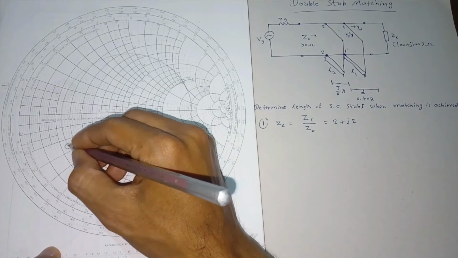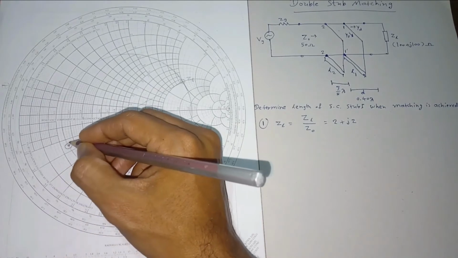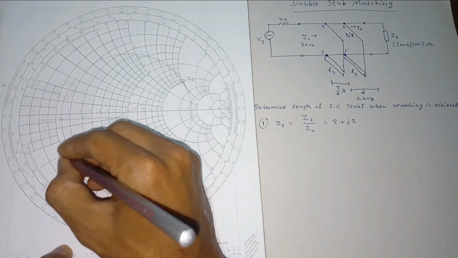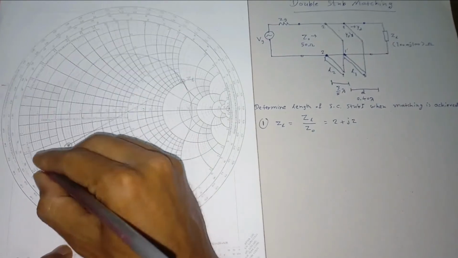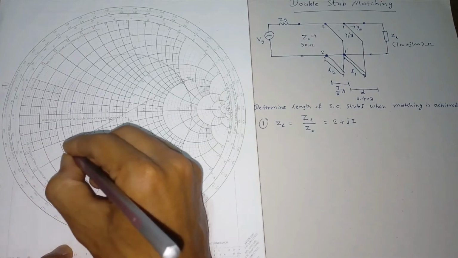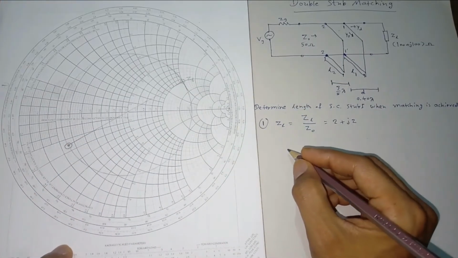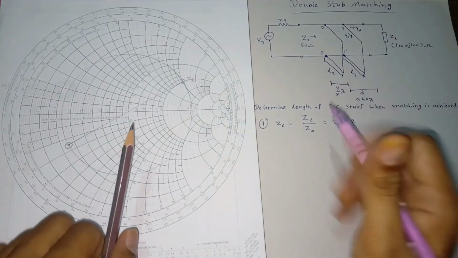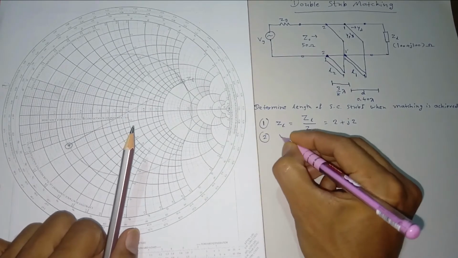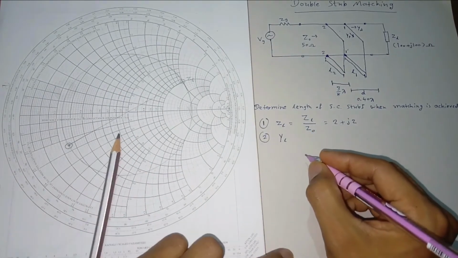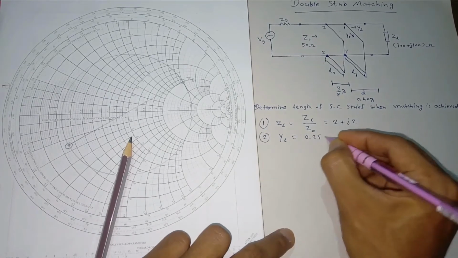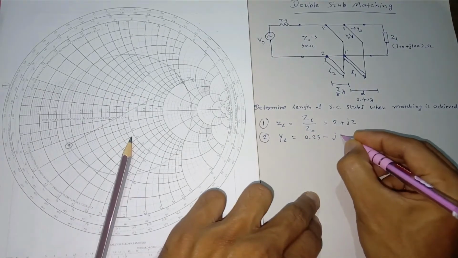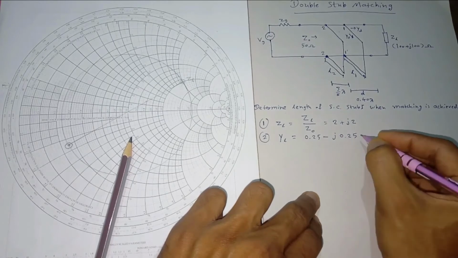The reactive part is negative, so minus jx, and the value of x is also in between 0.2 and 0.3, so 0.25. So we are getting yL, the normalized admittance, as 0.25 minus j0.25.